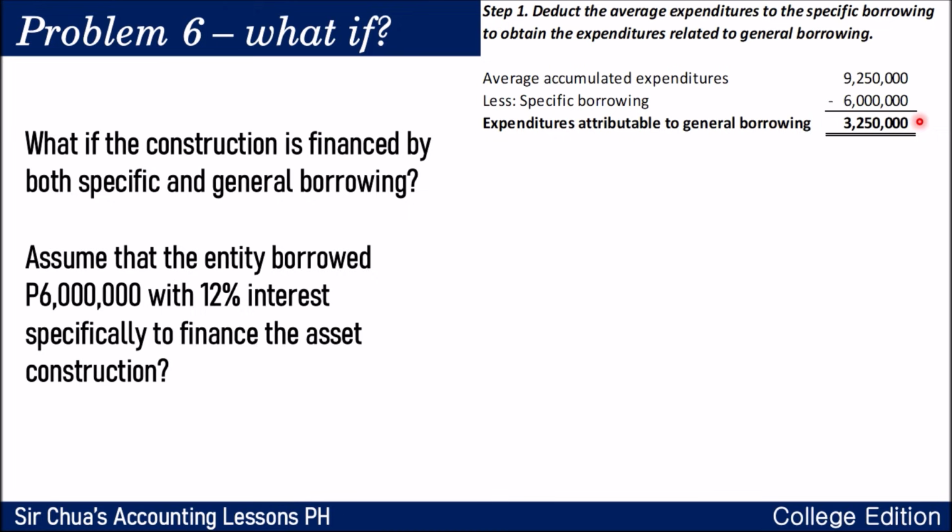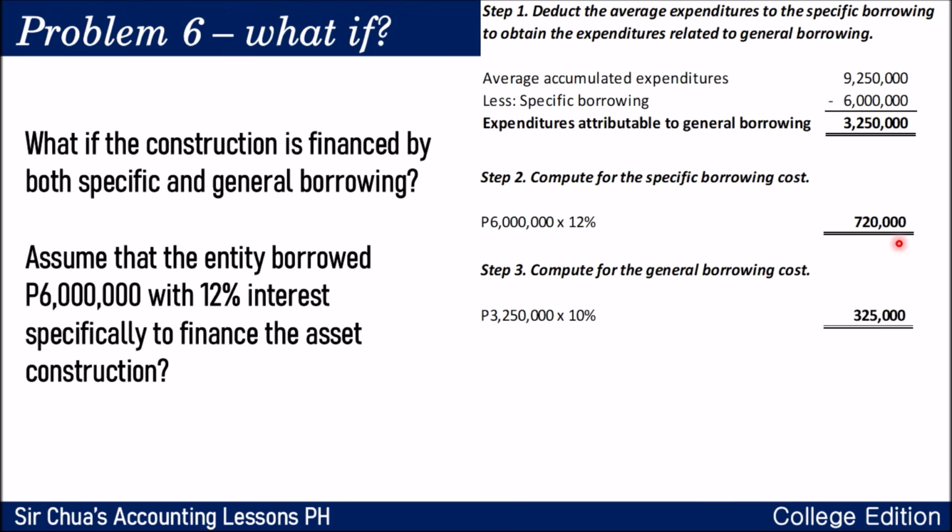This is the expenditure attributable to general borrowing, 3,250,000. Now, compute for the specific borrowing cost. Madali lang naman pag specific borrowing cost kasi kung magkano yung binarrow, mumultiply mo lang sa interest rate. So, for the specific borrowing cost, 720,000. But in any case, pag may interest yan na na-earn through temporary investment, ma-minus nyo po yun, ha?